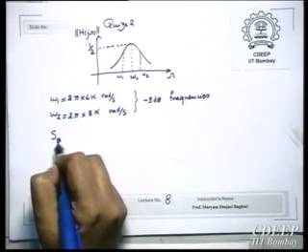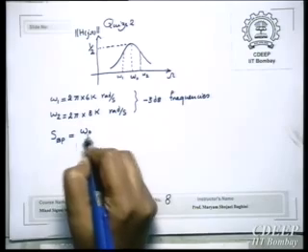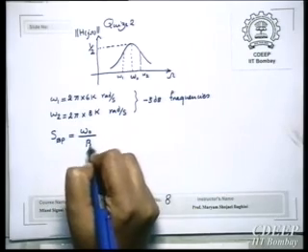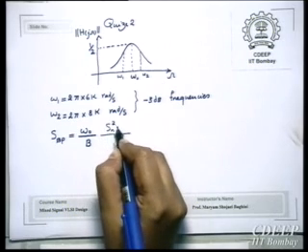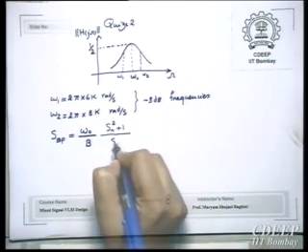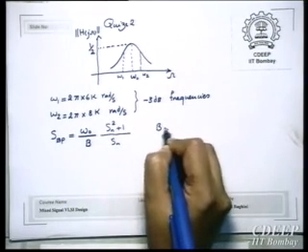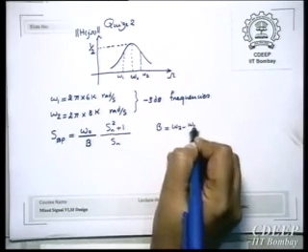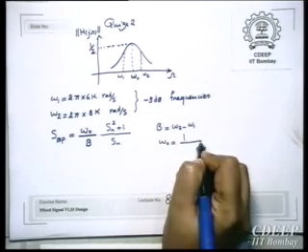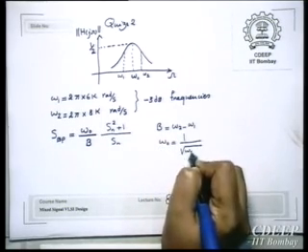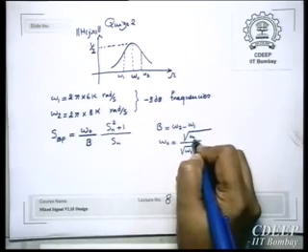If you want to get band pass, B will be omega 2 minus omega 1, and omega 0 is 1 upon root of omega 1 omega 2.